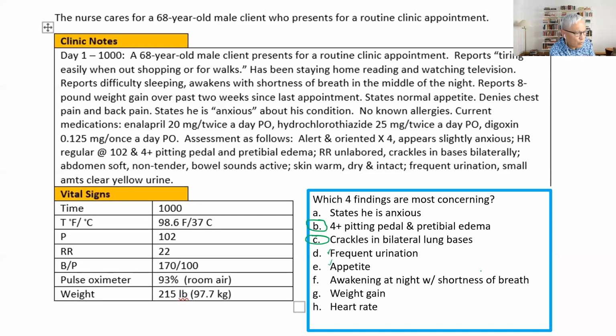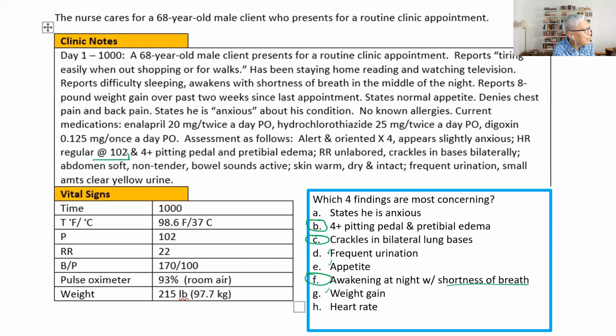Awakening at night with shortness of breath. Okay, this would definitely be one of them, right? And weight gain also would be one of them. And heart rate, definitely. The heart rate was 102. How much was it? 102.